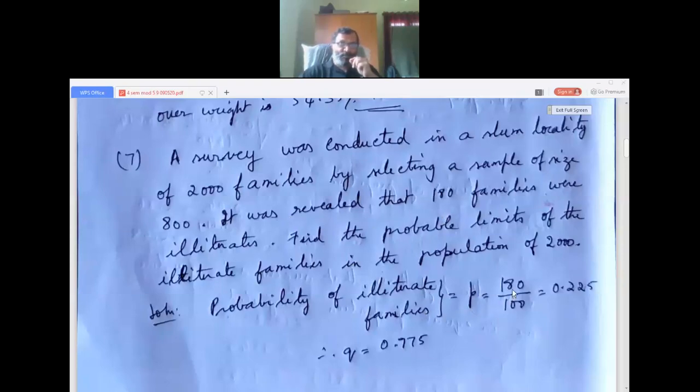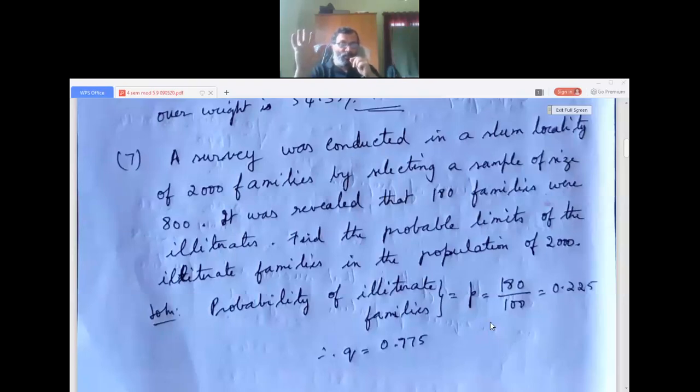A survey was conducted in a slum locality of 2000 families by selecting a sample of size 800, and it was revealed that 180 families were illiterate. So it should be 800. Just correct it. P is equal to 180 by 800. That you get 0.225. Okay, 180 by 800.